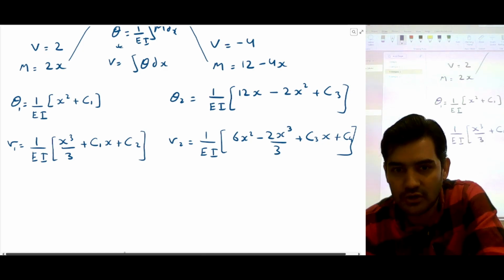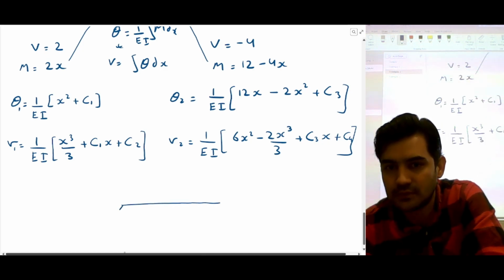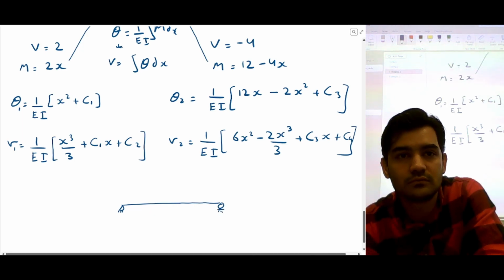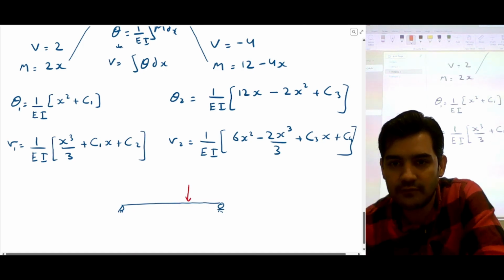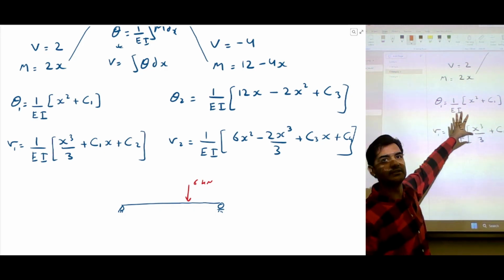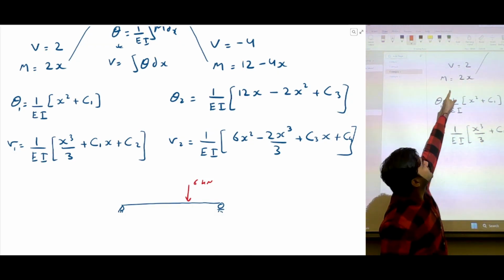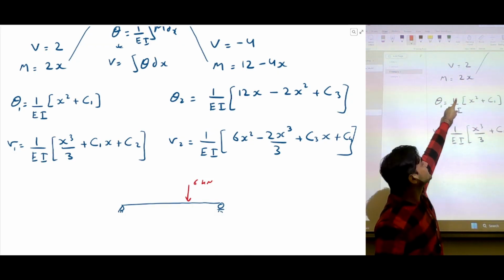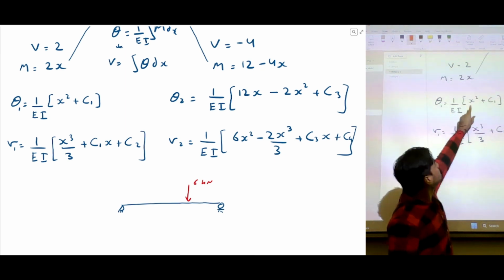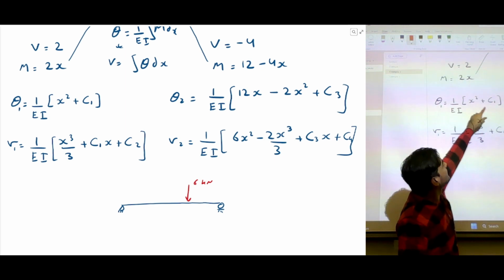So I'm going to draw a simply supported beam. We have a load which is 6 kilonewton. If someone has any questions regarding the integration, they can let me know. But you have shear force, you integrate it, you get 2x. You integrate a moment, which is 2x, you get x squared by 2, so it's going to cancel out, plus constant.